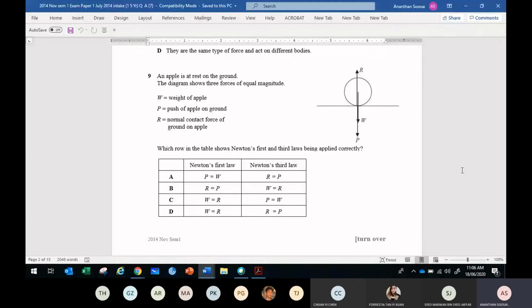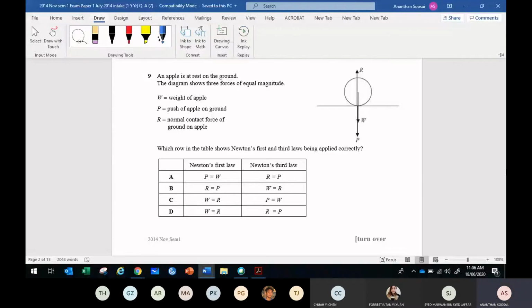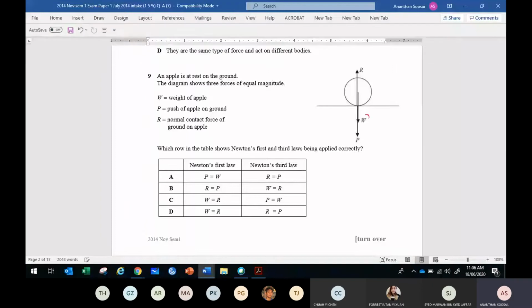Newton's first law. Okay, this is tricky. Let me see. You see here, of course, the weight is acting down, and you get a normal direction.